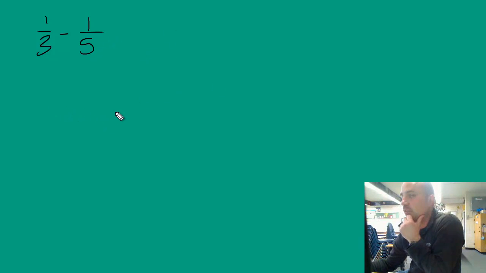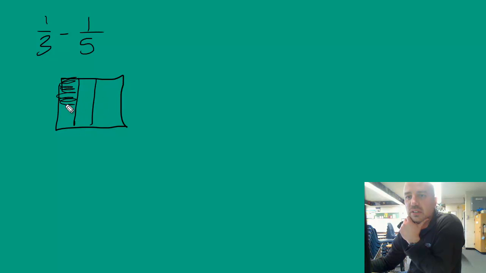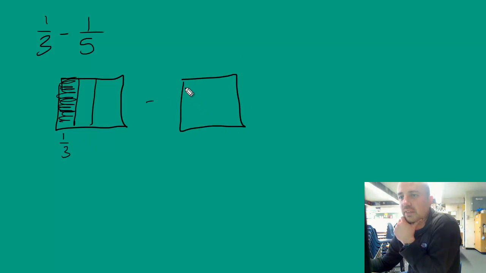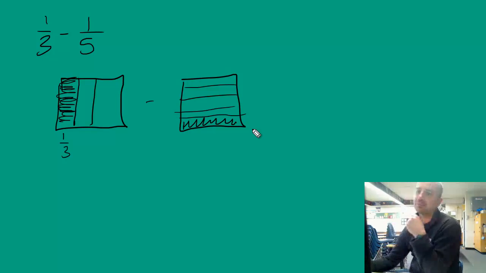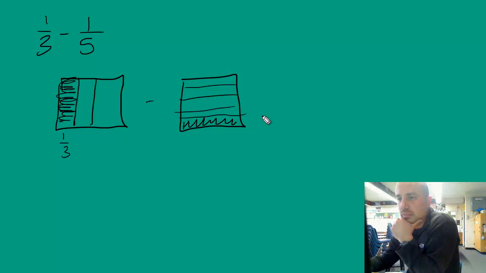And traditionally, when we were subtracting, we would have drawn our rectangle. We would have made 1/3. We would have filled in the 1, and that shows 1/3. And we would have subtracted out our 1/5, and there's just one of them there, and put that 1/5 over here.